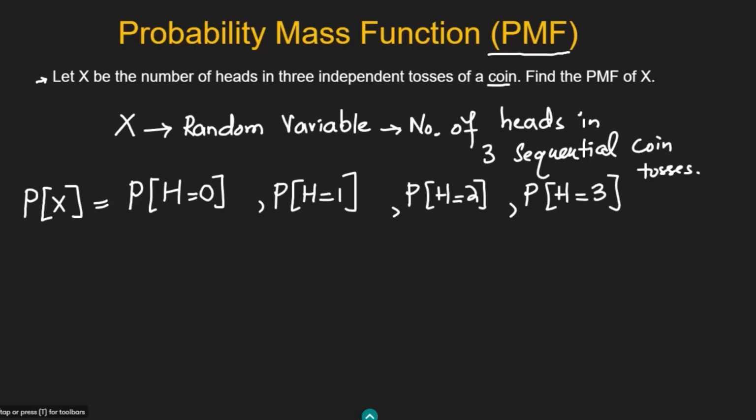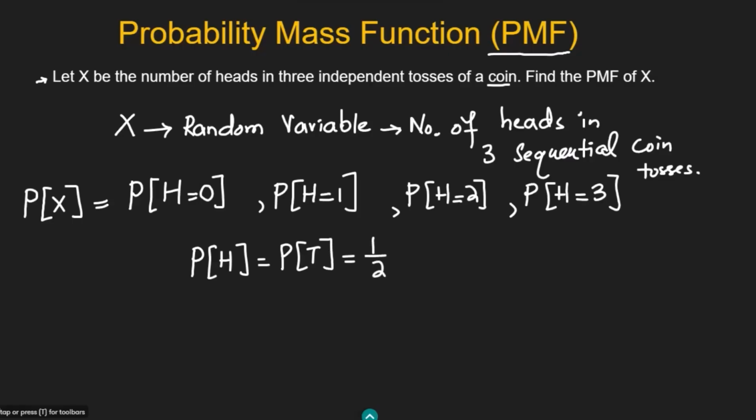Okay, so we have to find out the values of each of these probabilities, and as the coin we are tossing here is supposed to be a fair coin, the probability of heads is equal to the probability of a tail, and that is 1/2.